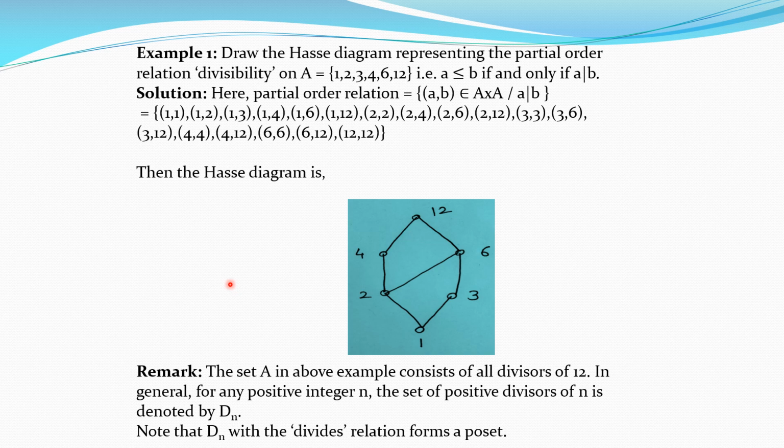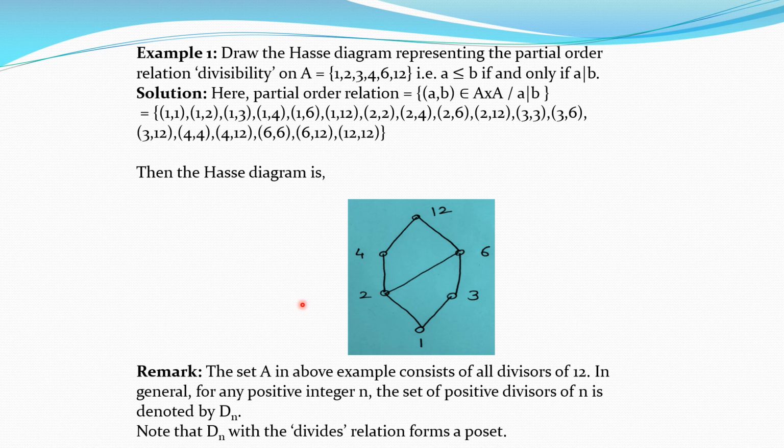Now 1 divides 2 and 1 divides 3, and this relationship is direct. It means there is no element in between such that 1 divides a and a divides 2, or 1 divides a and a divides 3. So above 1 we take 2 and 3 and we join them by line segments. We are not showing directions because all the directions are upward only, that is the convention.